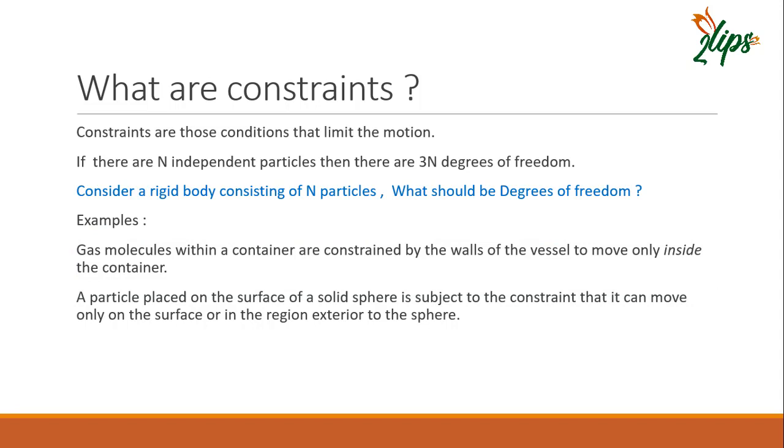Similarly, a person in jail is also constrained, and a particle placed on the surface of a solid sphere is subject to the constraint that it can move only on the surface or in the region exterior to the surface. You can understand this: if we have a solid sphere, another particle cannot penetrate it. It will be outside of this sphere. So these are just some common examples of constraints.